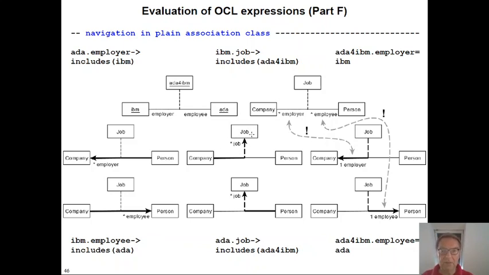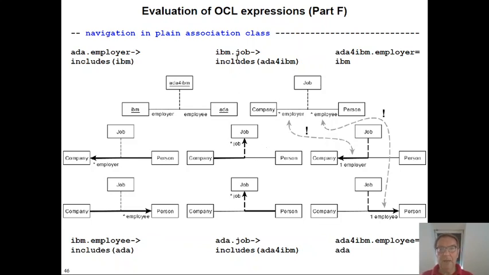So Job with capital letter is the association class name, and job with lowercase letter is a role name that you can use to navigate from a company to all the job objects that are connected to the company.